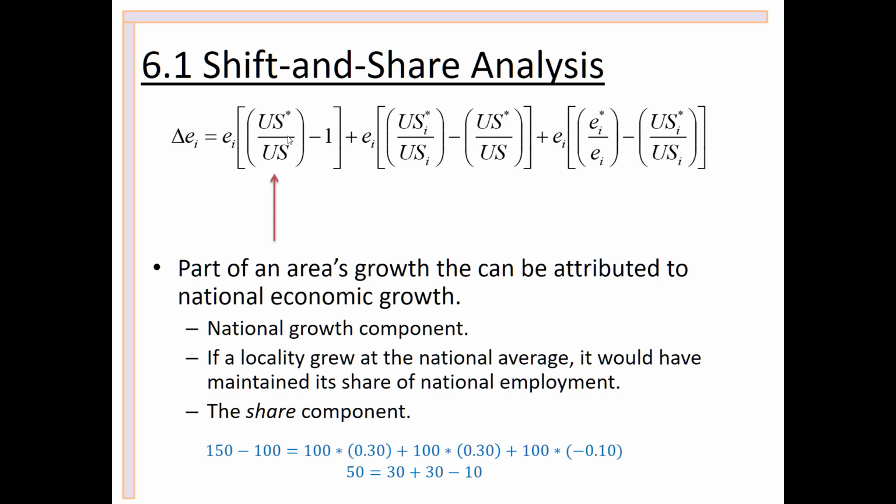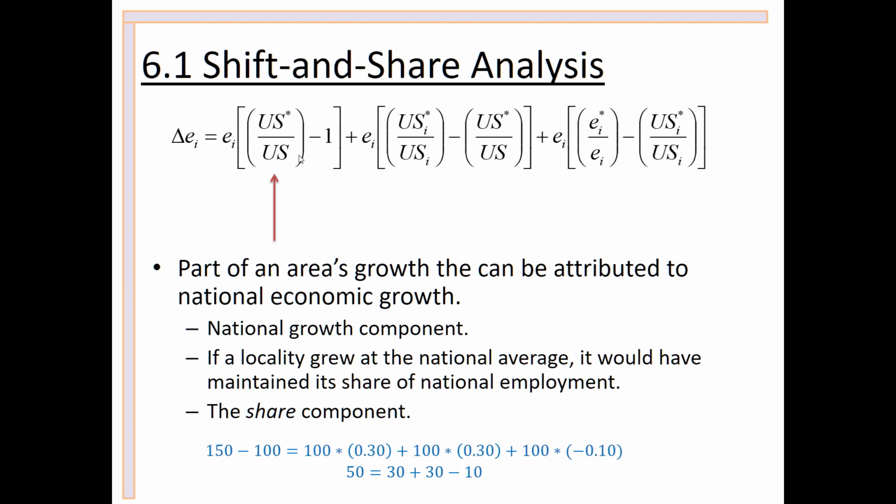If that's the case, of this 50 increment in employment, 100, which is the initial level of employment, times 30%, which is 30 of these new jobs occurred just because the U.S. economy grew as a whole.